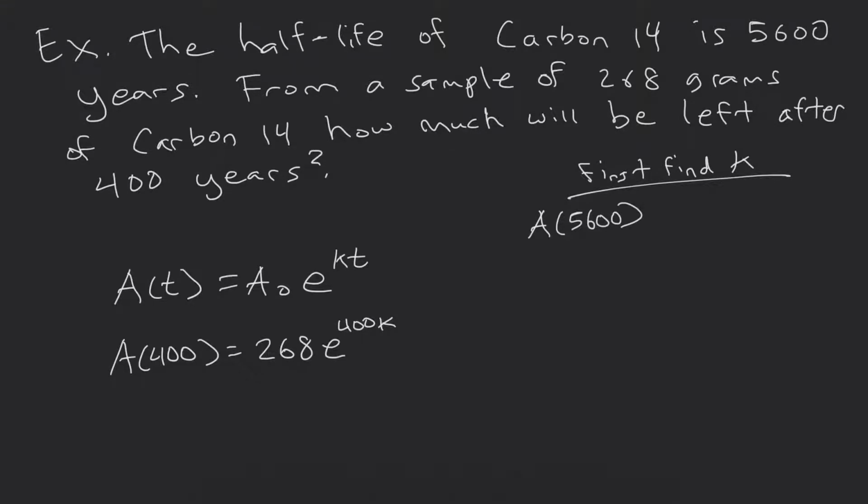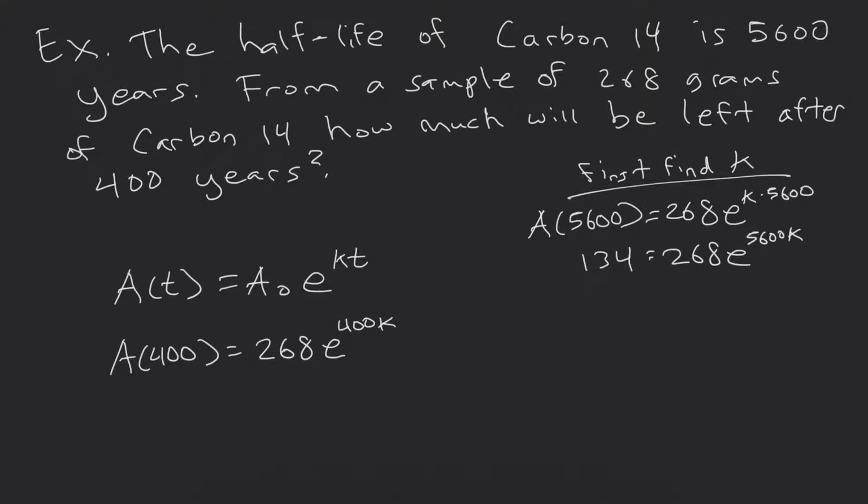And so what that actually means is after 5,600 years, we can expect to have exactly half of however much we started with. So here e to the kt, t is 5,600. Since we start with 268 grams, half of that is 134 grams. That's how much is going to be left after 5,600 years.